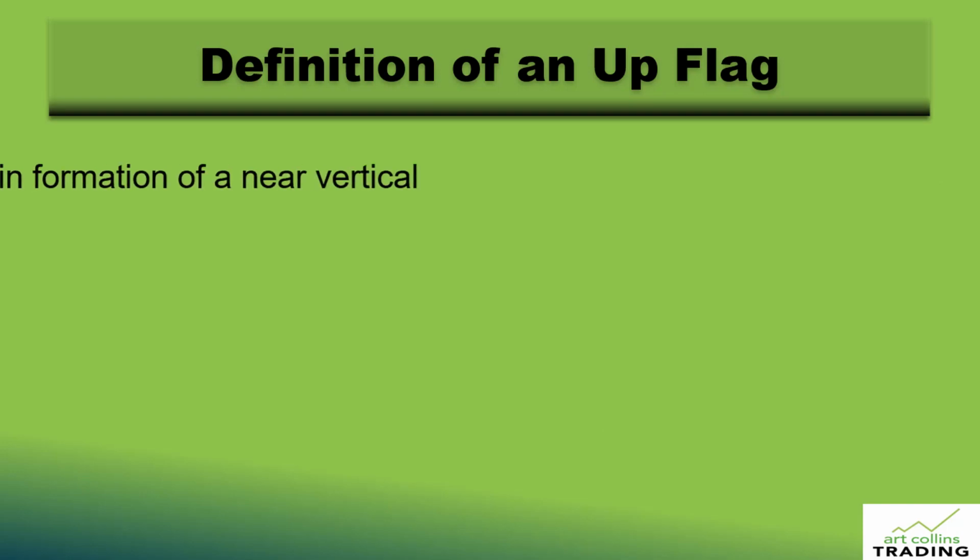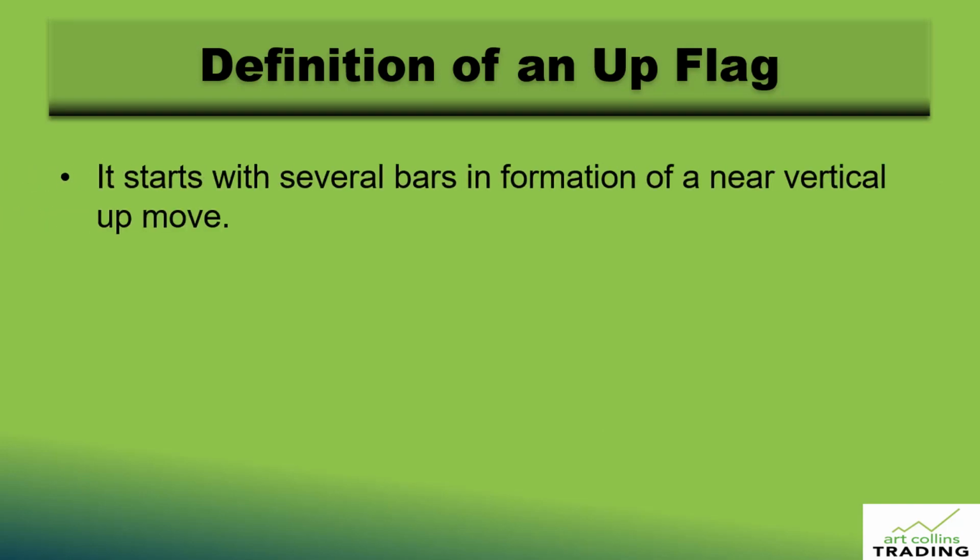Definition of an up flag. Basically you have a sharp up move. We can be talking daily bars in a chart, or 5-minute, 30-minute, whatever you want. But a few bars have run up quickly and a fairly good distance.